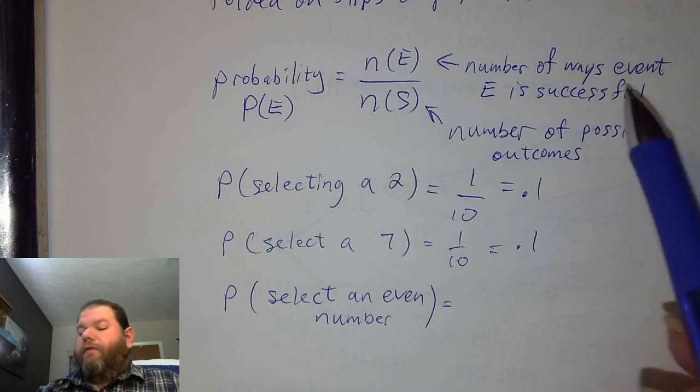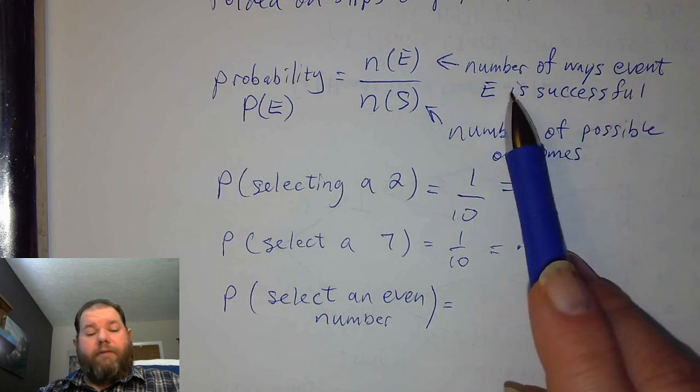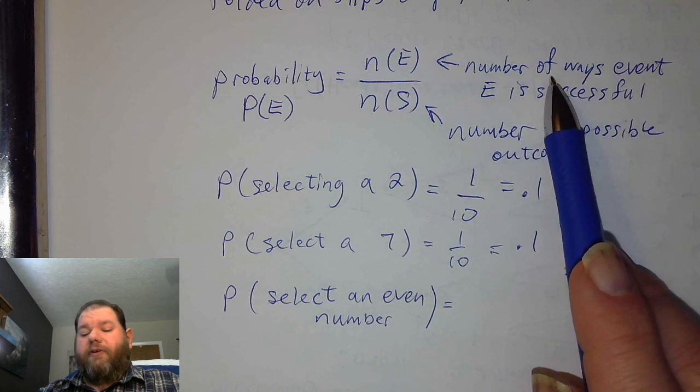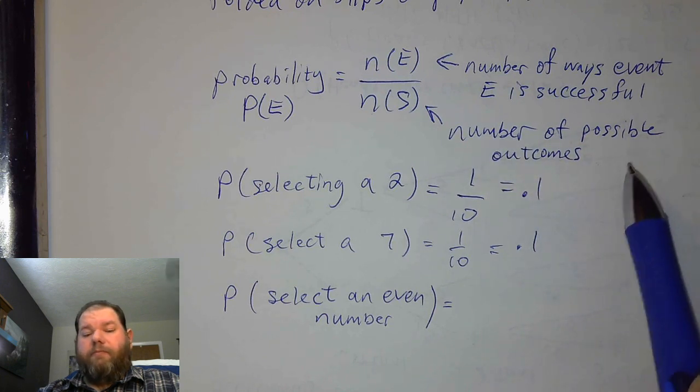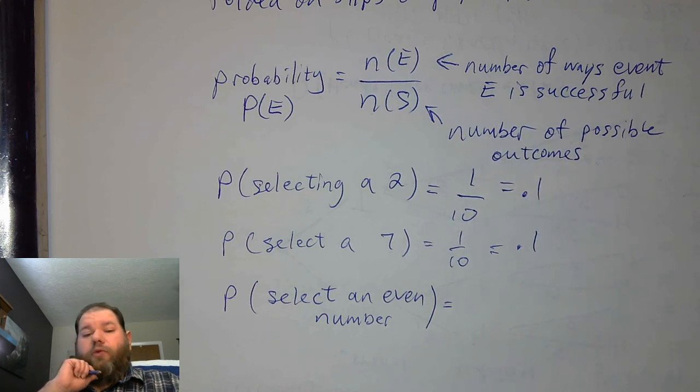Again, we're thinking of how many ways can we pick an even number, how many outcomes would be successful, divided by the total number of possible outcomes. And we know whatever happens, we have 10 outcomes here. So the question is, how many even numbers are in the hat to begin with? Five out of 10, or 50%, right?